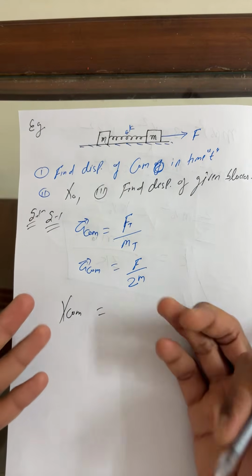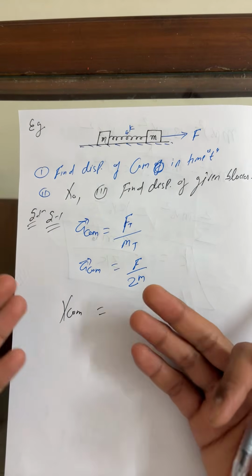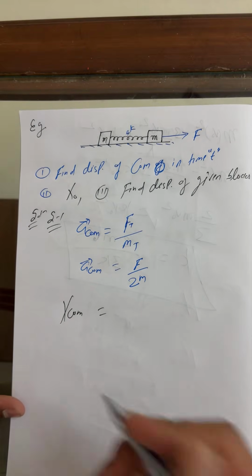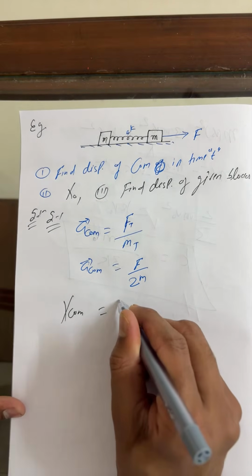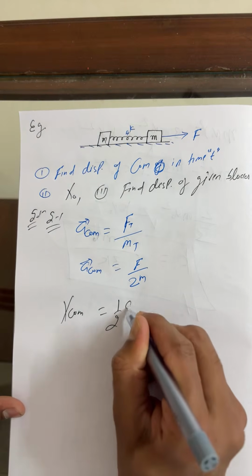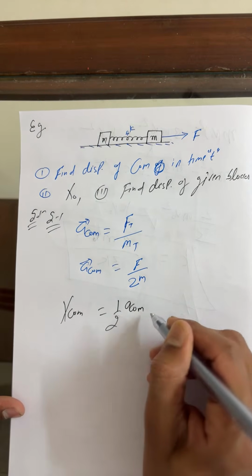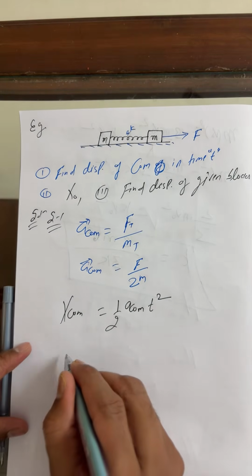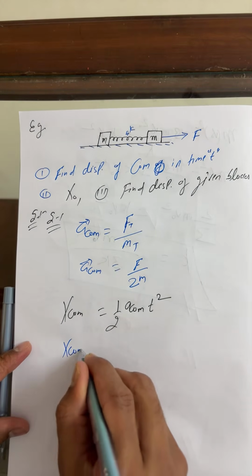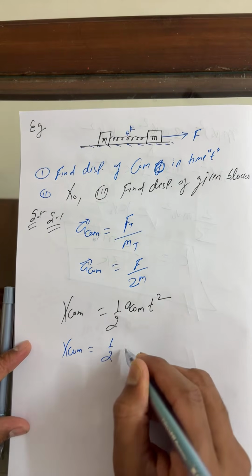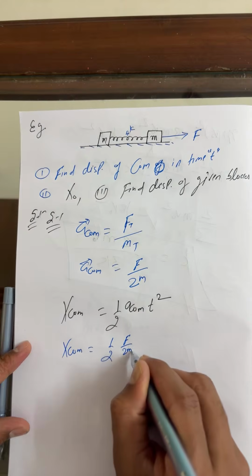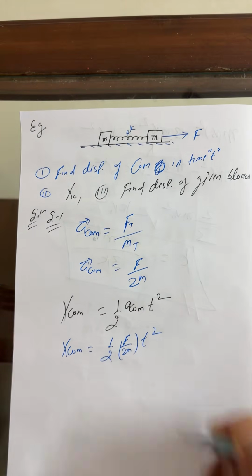Now students, since the acceleration remains constant, I can use the second equation of motion from kinematics. So x_cm is equals to what? Half of a_cm t square, right my dear? So x_cm is equals to half into F upon 2m into t square.